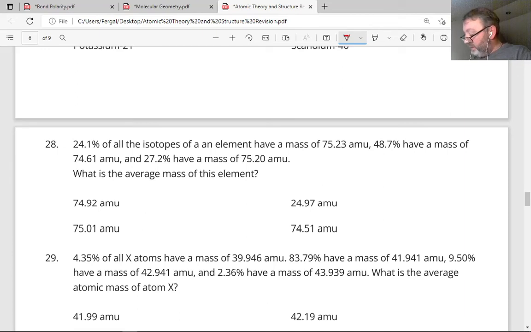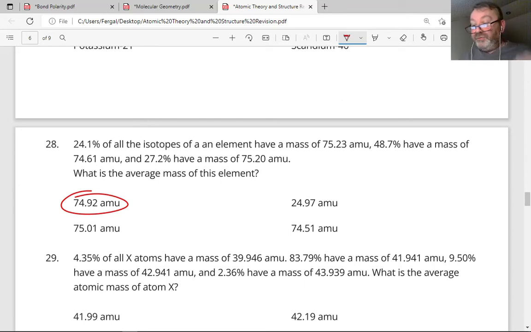And lastly, plus 0.272 multiplied by 75.2. And again, let's put brackets around that because we want them to add on. And if I've done that correctly, 74.919. So therefore the answer is 74.92.